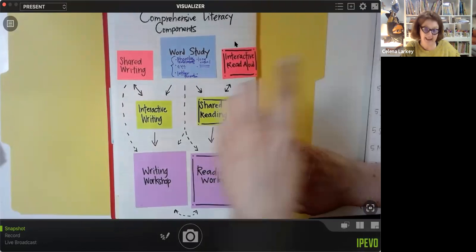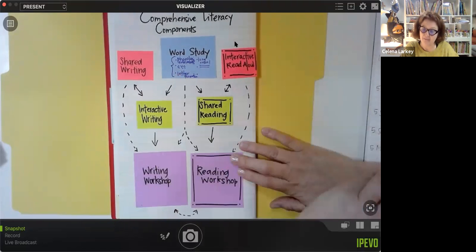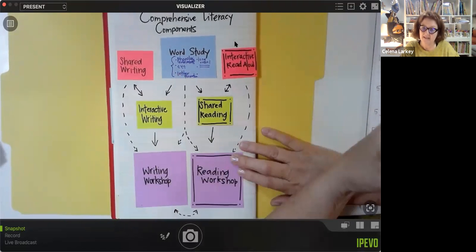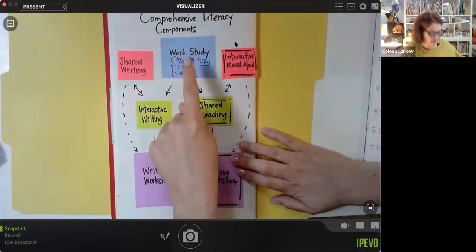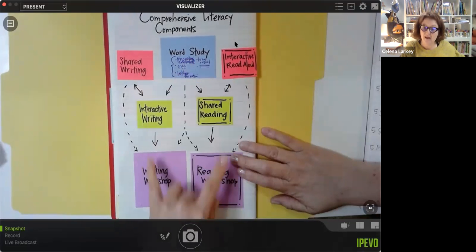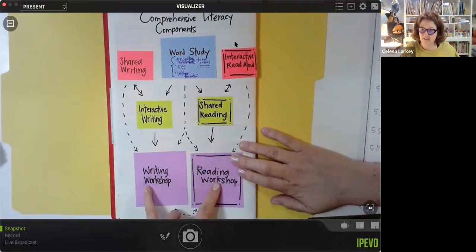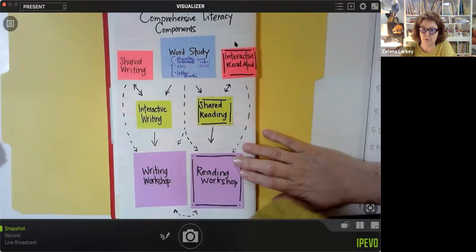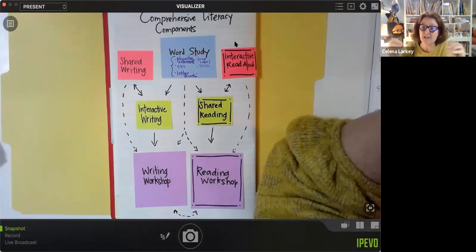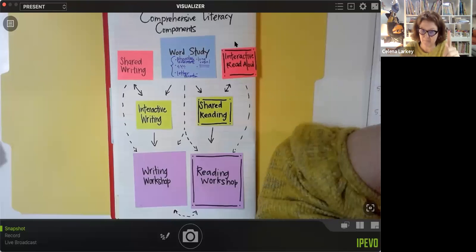And one thing that every word study guru out there agrees on is that this, while it is a component and an absolute defined and important part of the day, it is best taught when that component relies on and interacts with other components of the day, right? So while I might teach in my word study time how the short vowel principle works, I'm going to be teaching or introducing it there.